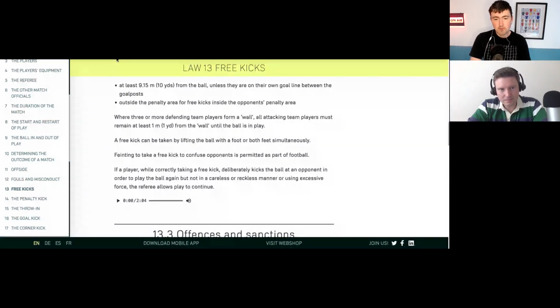This is relatively new, but it says that when 3 or more defending players form a wall, all attacking team players must be at least 1 metre, or 1 yard, from that wall. There was obviously a spell of players trying to disrupt the walls, and that's a flashpoint, so they thought, right, we're not having this. So now when there's a 3-man wall, an attacking player is not supposed to be within a yard of that.